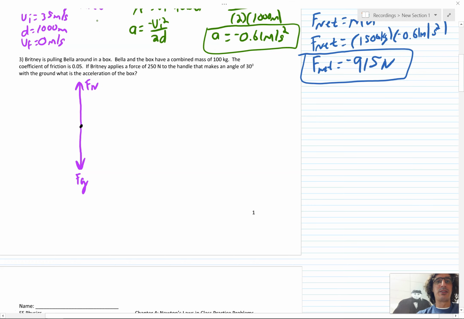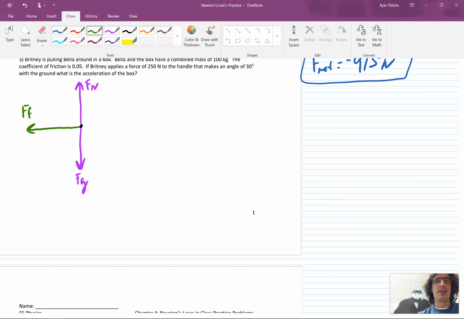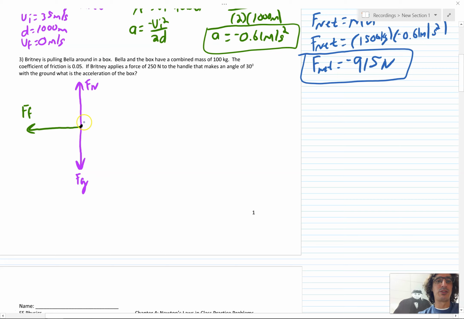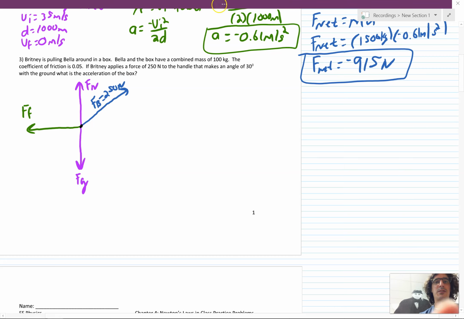We're told that there's a coefficient of friction, which means there's a force of friction going in the opposite direction, F of F, and that Brittany is applying a force at an angle of 250 newtons. We'll call that F sub B, 250 newtons.